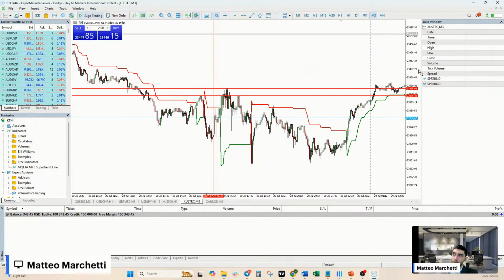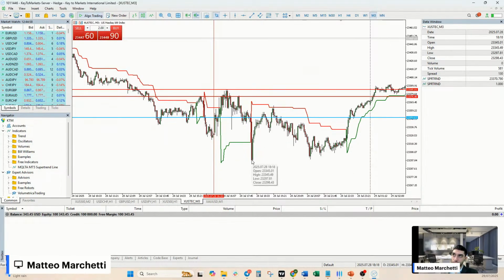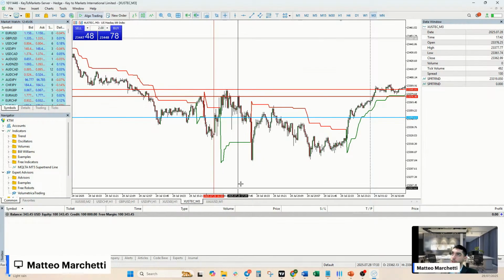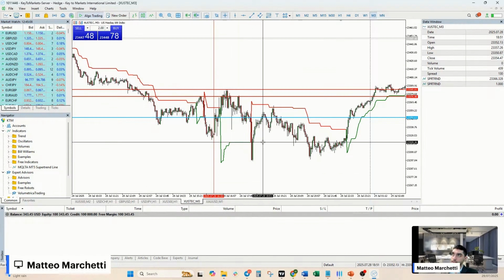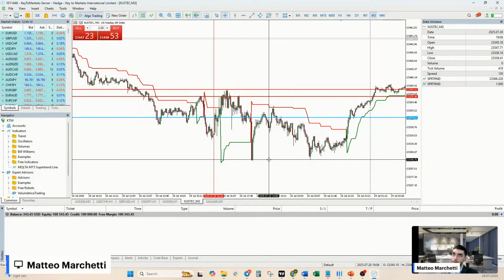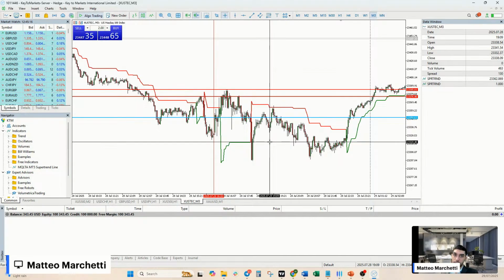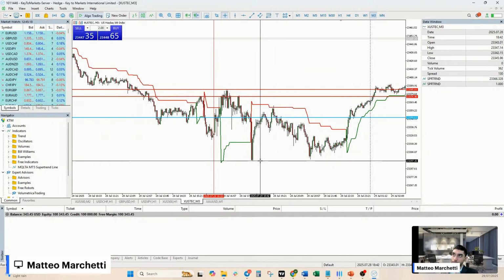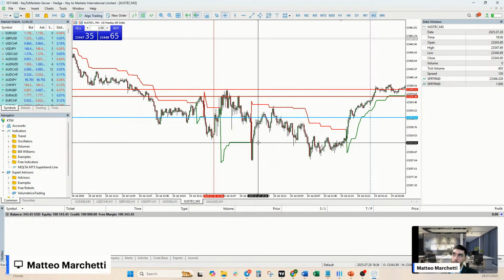because let's say the most important thing is entering the trade at a price that is not too far from the super trend that has been broken. Okay, so in this case, for example, what I can see here is that I should enter the trade more or less at 298, and the super trend was at 320. So it's more than 20 points.